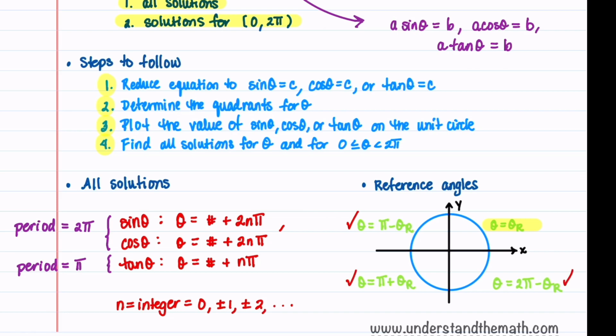For sine and cosine, when we find all solutions, we get that theta is equal to a number plus 2n pi because cosine and sine are 2 pi periodic. When we're solving for an equation that has tangent theta, we get theta is equal to a number plus n pi because tangent is n pi periodic. Let's remind ourselves that n from 2n pi is an integer equal to 0, plus or minus 1, plus or minus 2, and so forth.